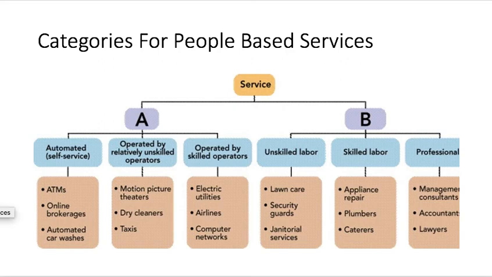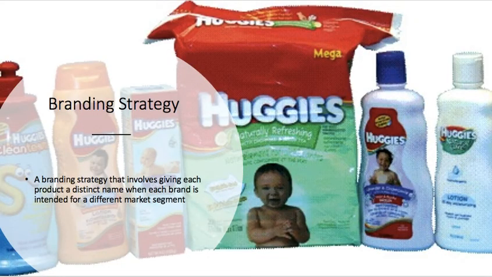So be able to recognize which are people service and which are equipment service. Make sure you understand how to recognize multi-branding strategy, which involves giving each product a distinct name when each brand is intended for a different market segment. Again, that is going to show on the graph above, but be able to recognize the multi-branding strategy.